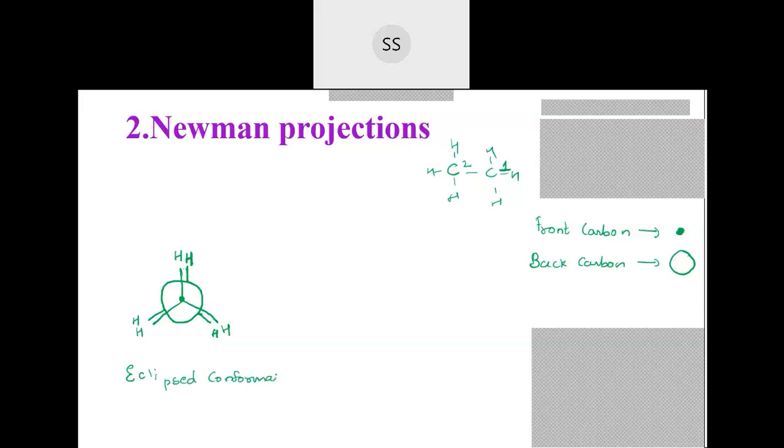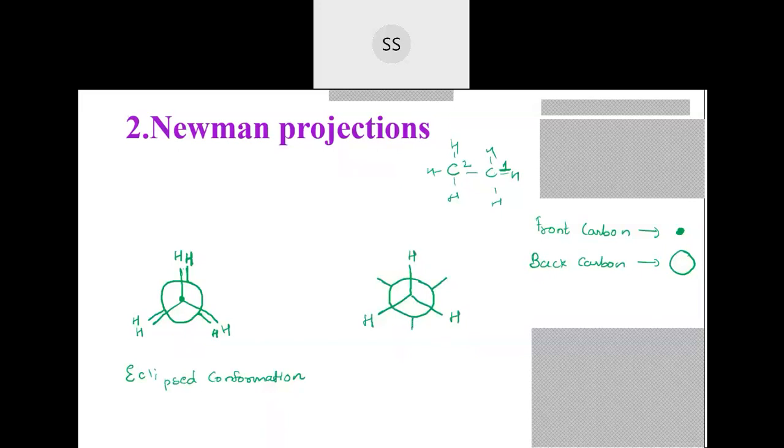Eclipsed conformation. And then staggered: when you're drawing, again you take the front one as a dot. Front hydrogen is considered as a dot, and draw these three hydrogens, and the behind one you take as a circle and draw those hydrogens in between them, with an angle of 60 degree each.